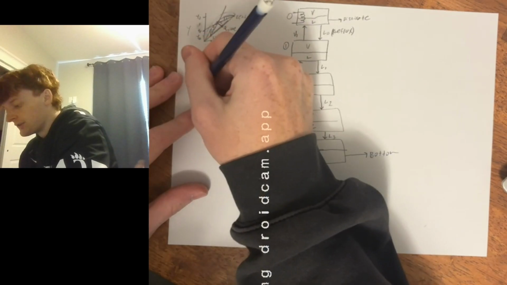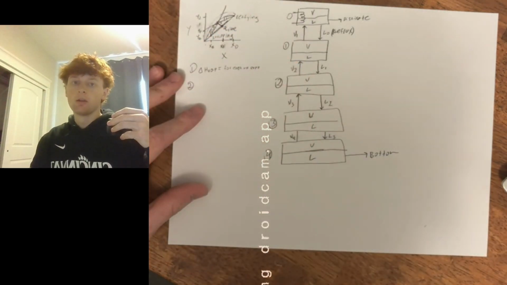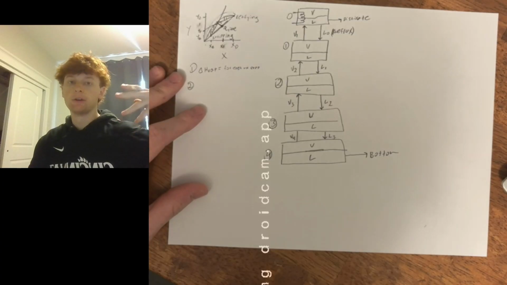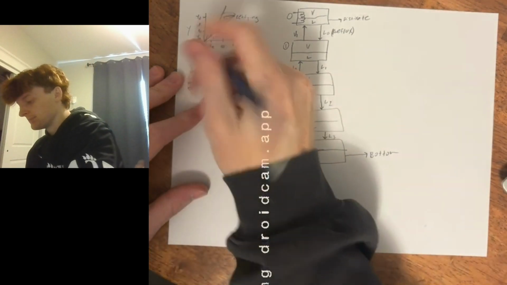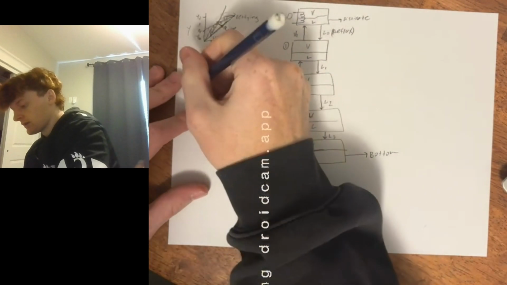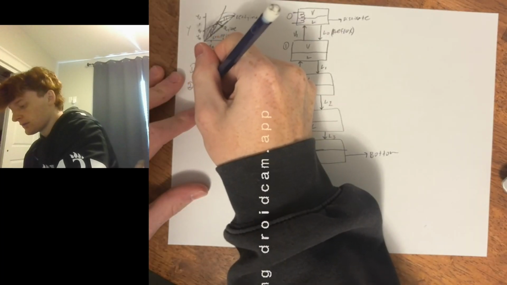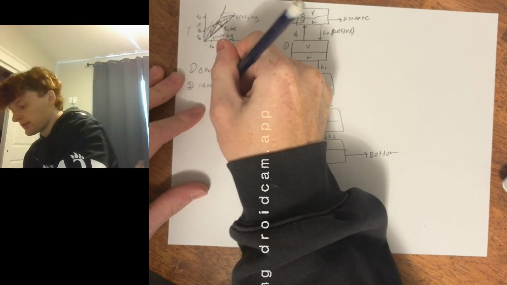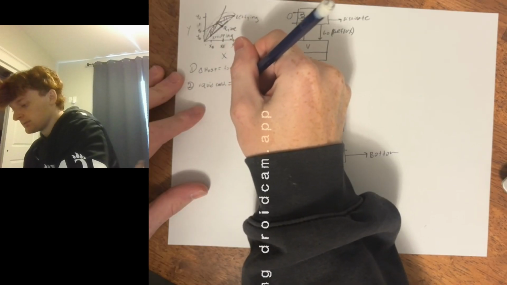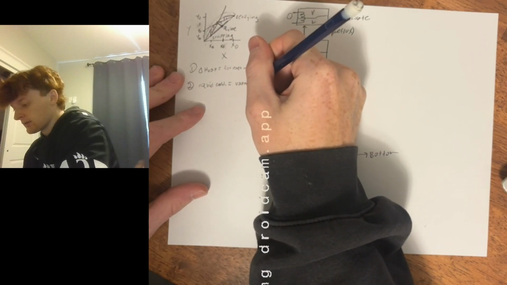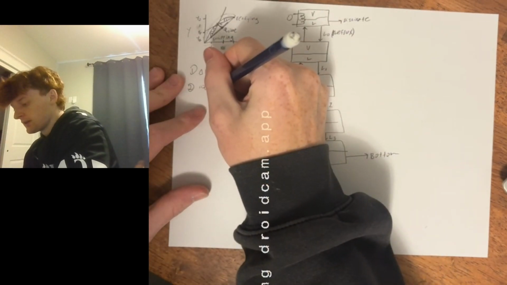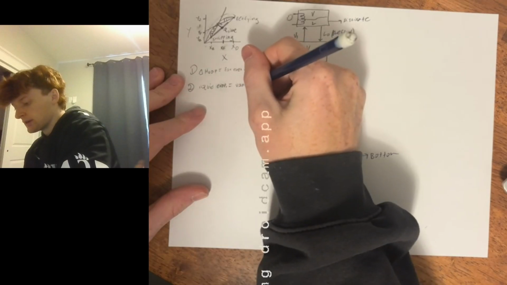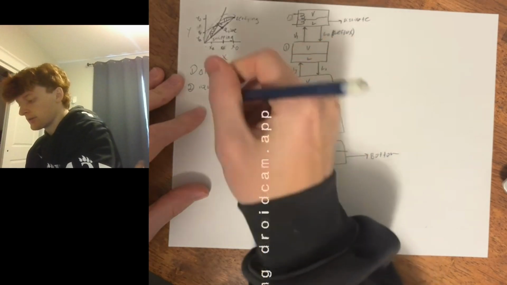And then 2 is that we're going to have 1 mole of liquid evaporated for every mole of vapor condensed. So our vapor condensed is equal to liquid evaporated. Oh, I got that backwards. Liquid evaporated equals vapor condensed.